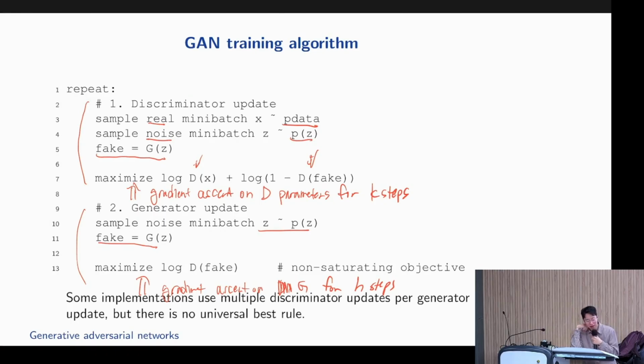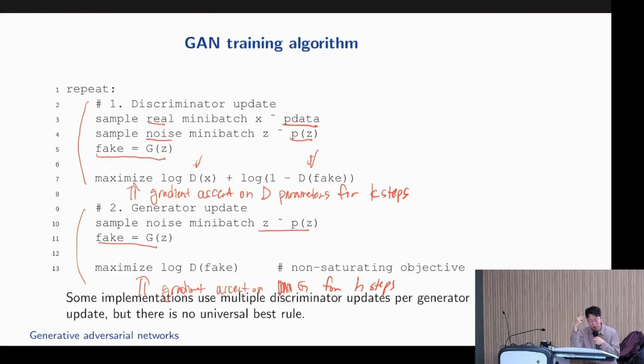But the important thing is we don't want the discriminator to get too good too early. So you don't want an aggressive learning rate for the discriminator, because if the discriminator gets too good too early, then the generator just gives up, outputs something close to random noise, and optimization doesn't go anywhere.